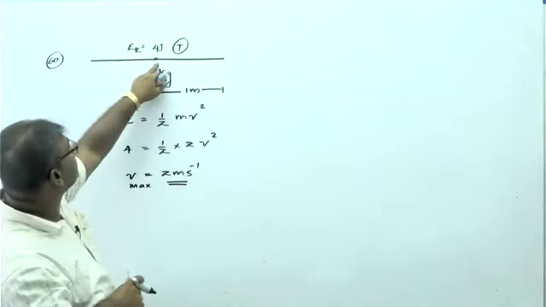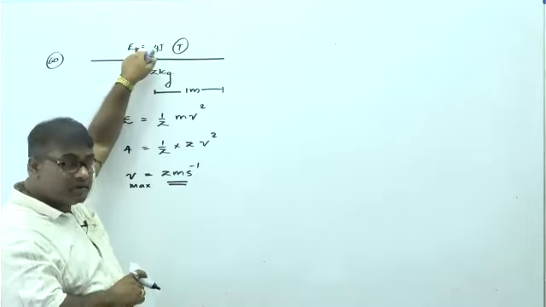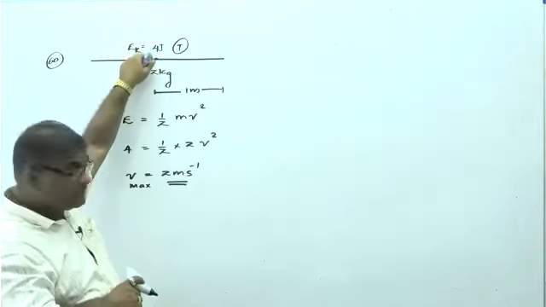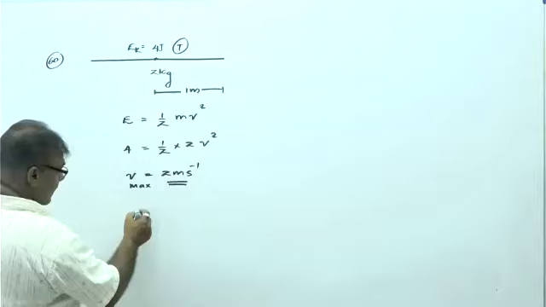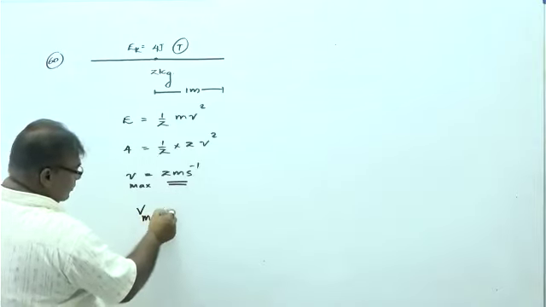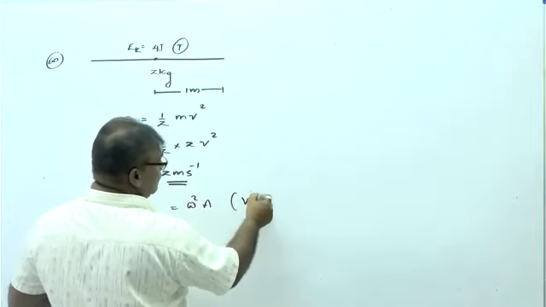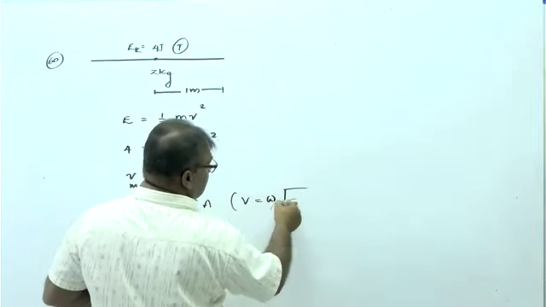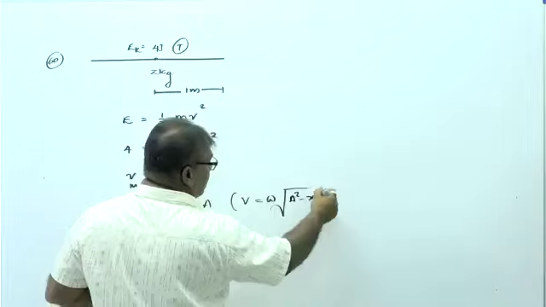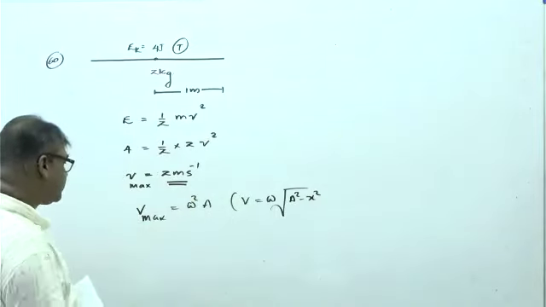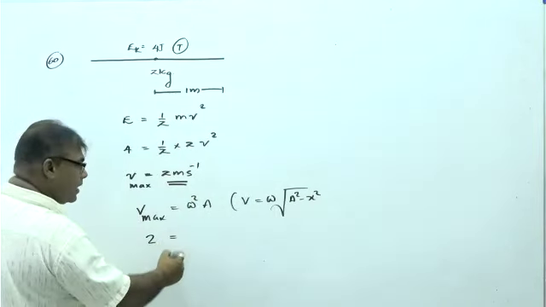At the mean position, the only energy is kinetic energy, and that kinetic energy is a maximum value. So you can say V max equals omega A, coming from V equals omega root of A squared minus x squared. Done.